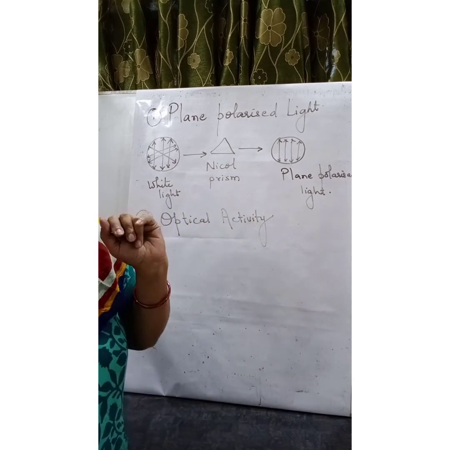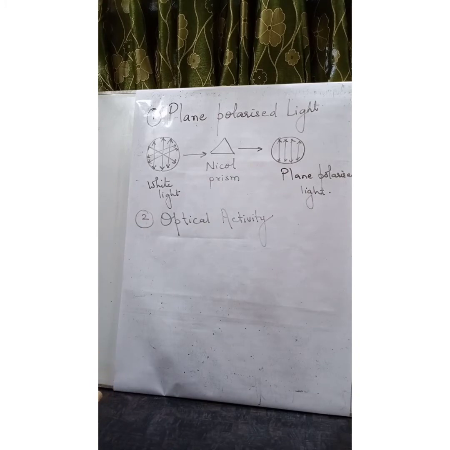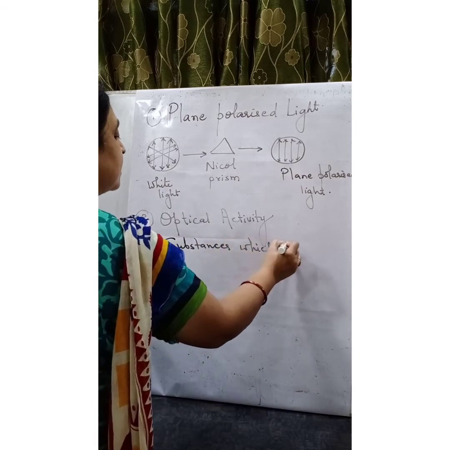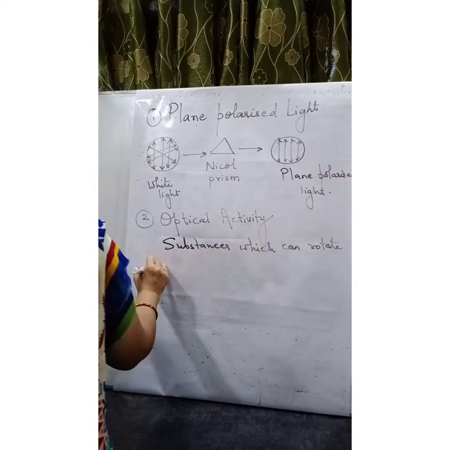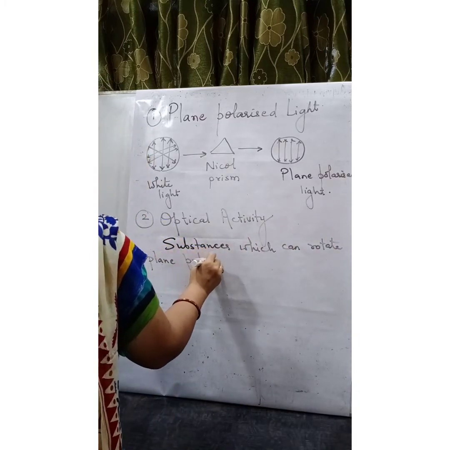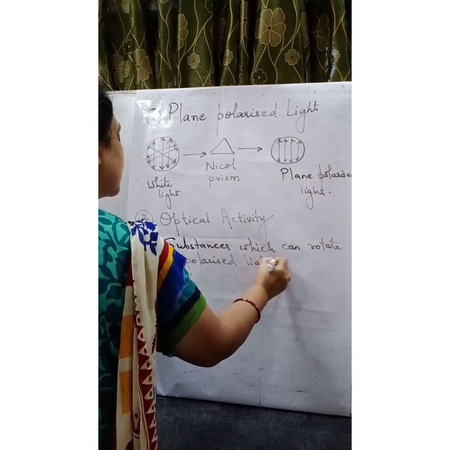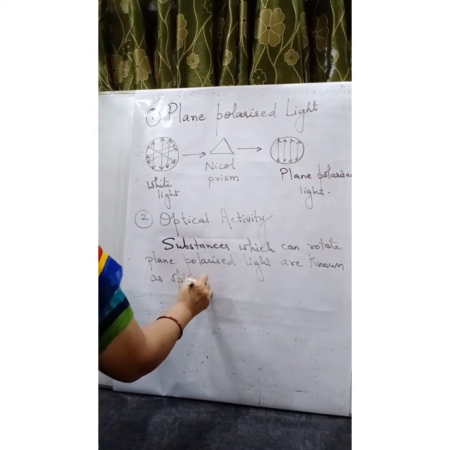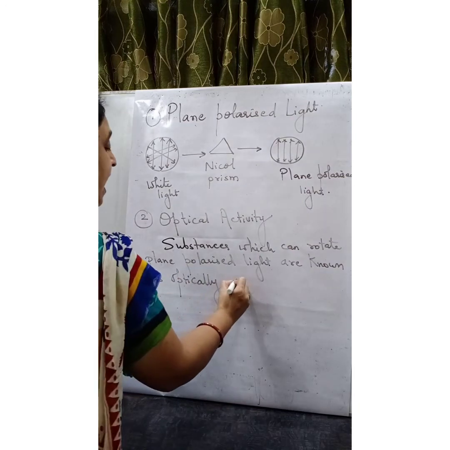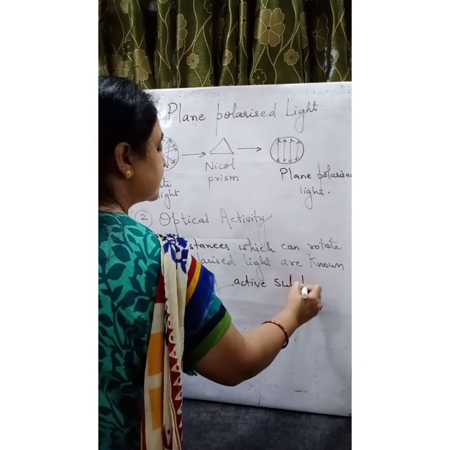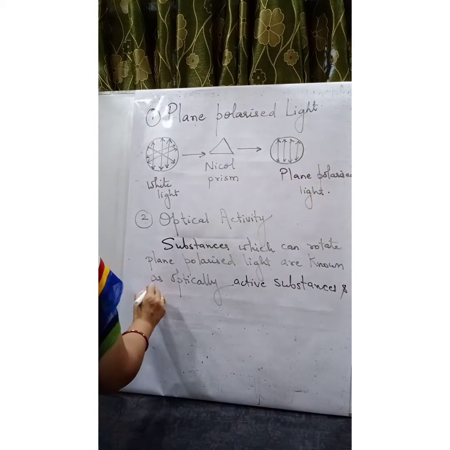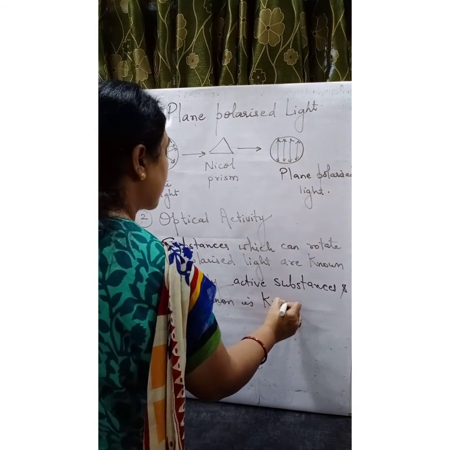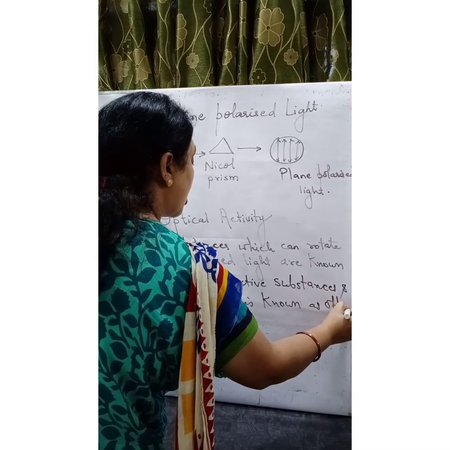So those substances which can rotate plane polarized light are known as optically active substances, and this phenomenon is known as optical activity.